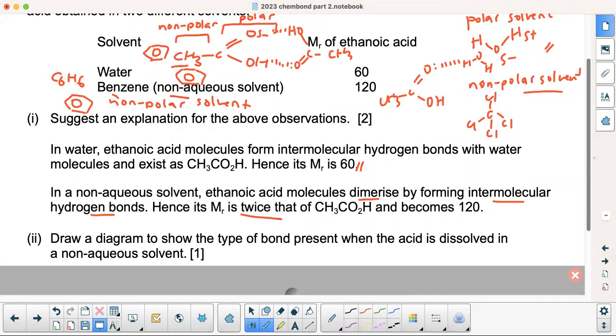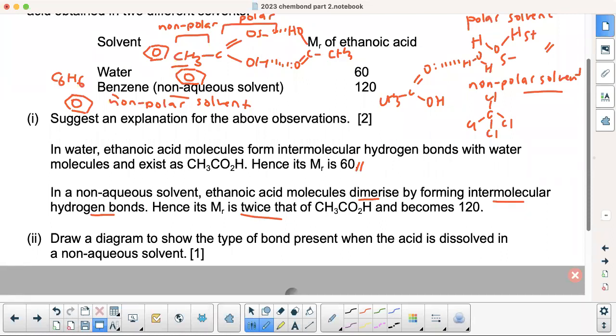Then I think we'll do one more question before we end. Everybody try to draw the dimer. The marking point is how you draw the H bond, basically.